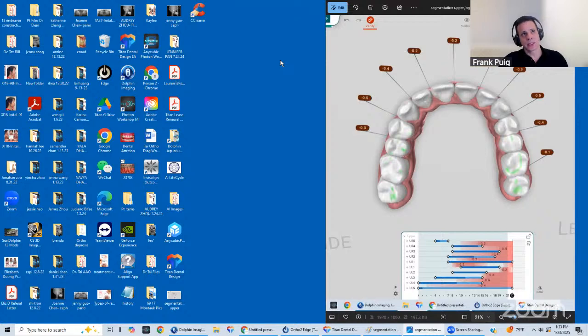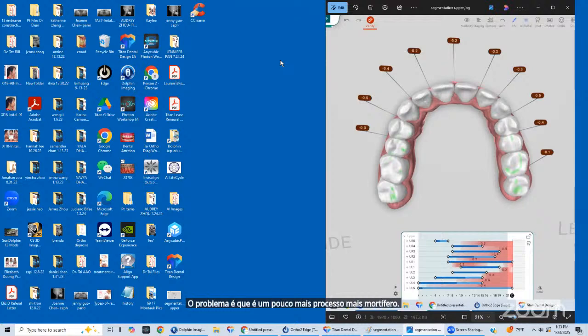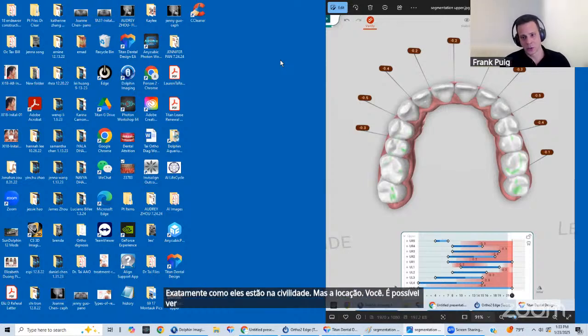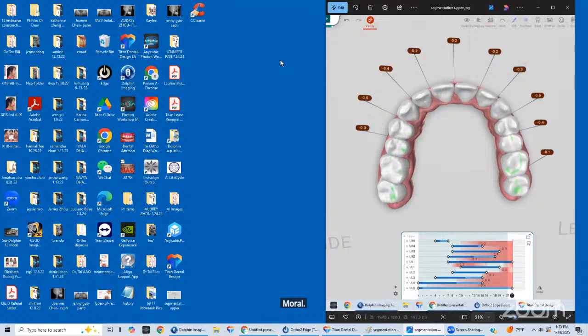The problem is that it's a more tedious process, and because there is no segmentation, which we're releasing for the CBCT, we are not extracting the real roots exactly as they are in the CBCT. But the bone location, you're able to see it and overlay it on top of the model. The problem is the volumetric rendering is not projecting the real bone, so sometimes it's very misleading.